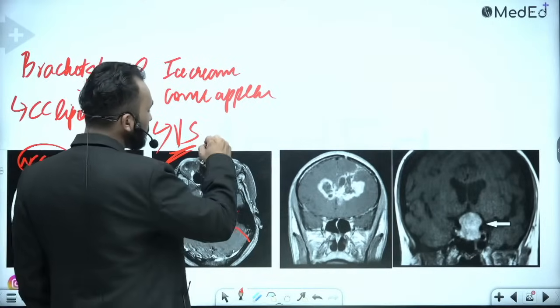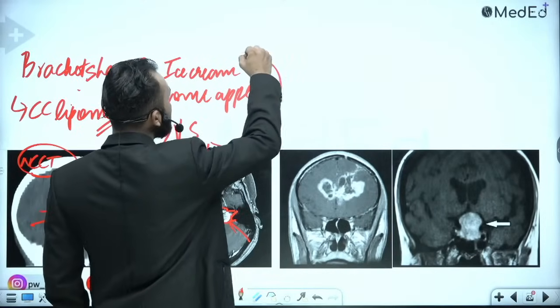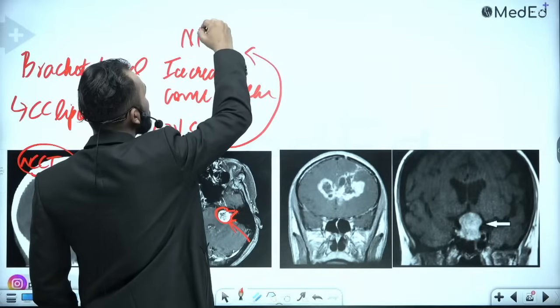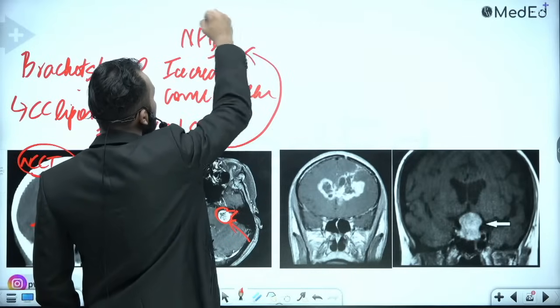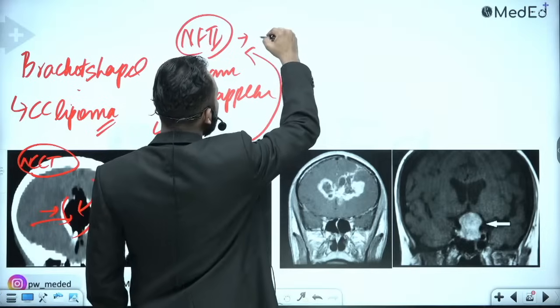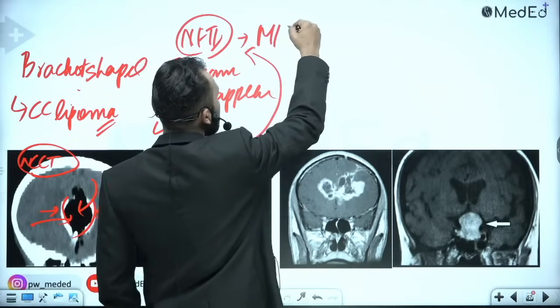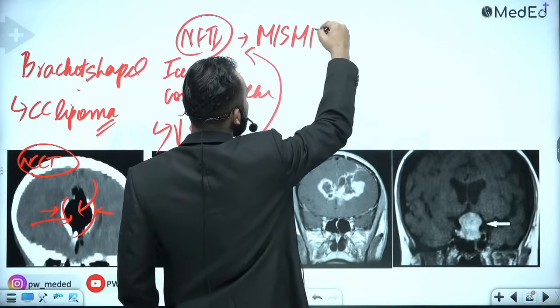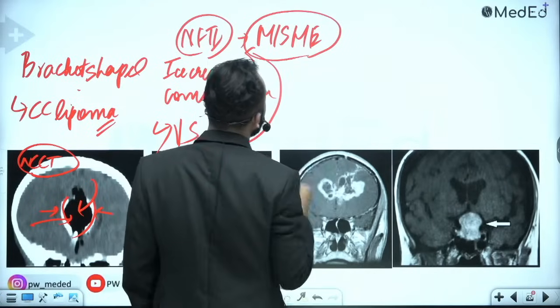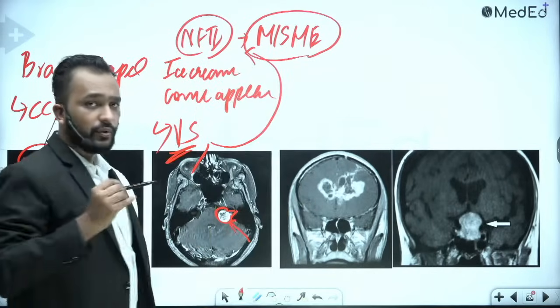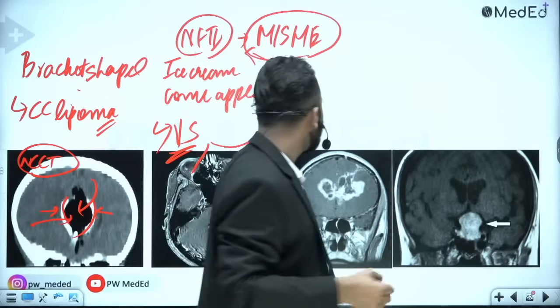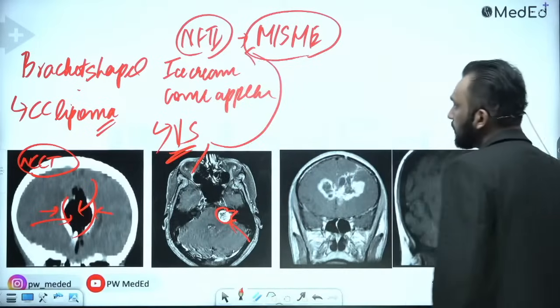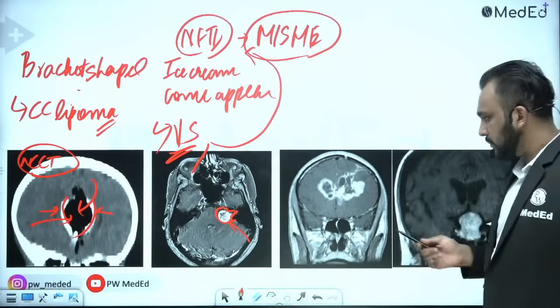And for vestibular schwannoma, just remember that it is associated with neurofibromatosis 2, in which you are going to see multiple inherited schwannomas, meningiomas, and ependymomas. So the mnemonic is MISME: multiple inherited schwannomas, meningiomas and ependymomas.